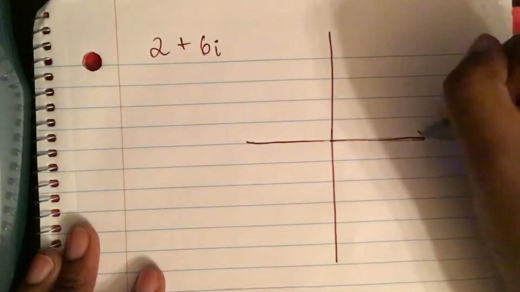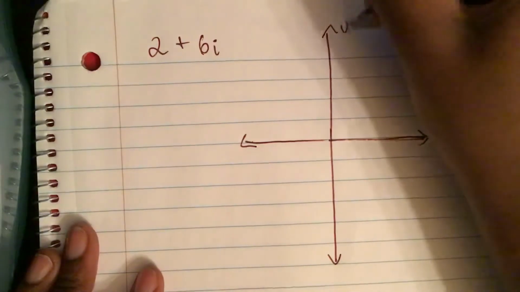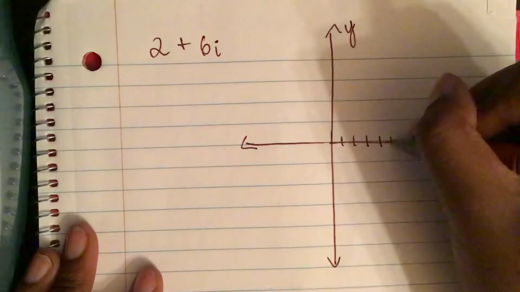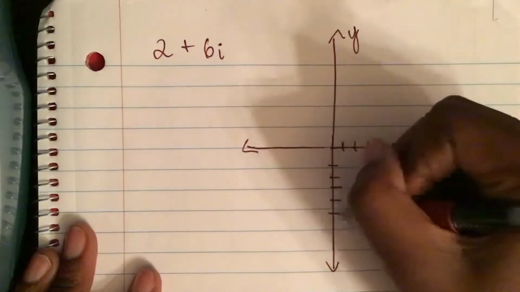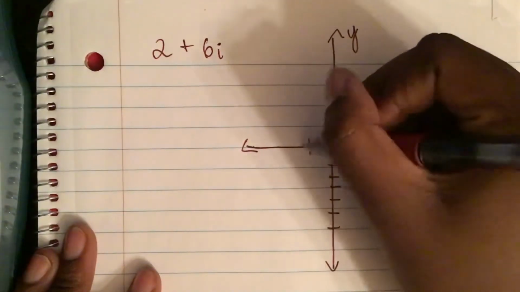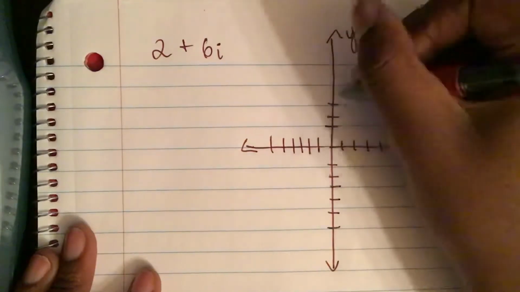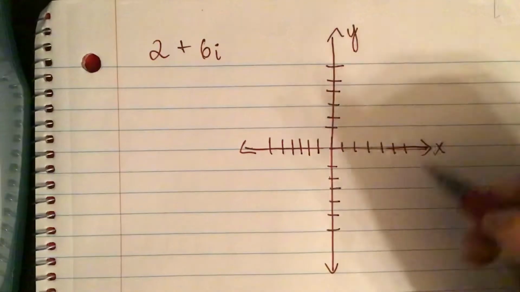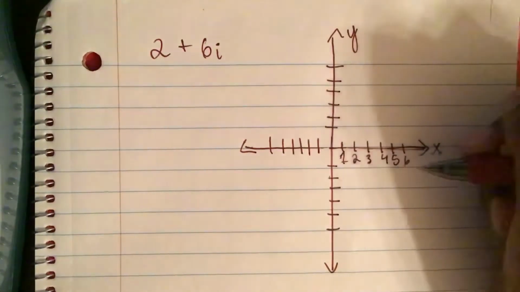Okay, so this is x and this is y, and we're going to say 1, 2, 3, 4, 5, 6 along each axis in the positive direction.